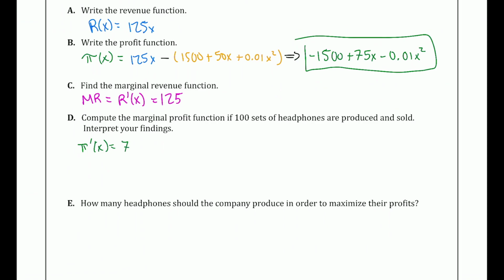So then that gives me 75 minus 0.02X. And then we want to find out at 100. So what we want to find is pi prime of 100 is equal to 75 minus 0.02 times 100. And so what we get here is pi prime of 100 is equal to about $73.